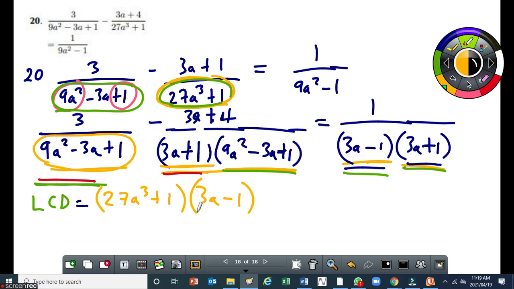Okay, look here. Let's compare the denominators. Do you see that this denominator here, the first denominator, is equivalent to one of the two factors in the second denominator?